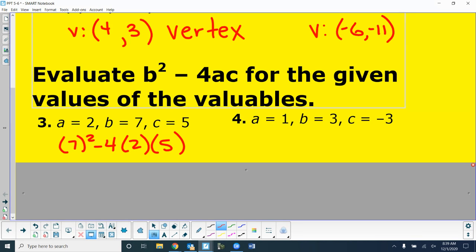All right, so those are some things that we still should remember. All right? We solve by completing the square. We solved them by the square root method. That was when there was no x value, no b value, I mean.